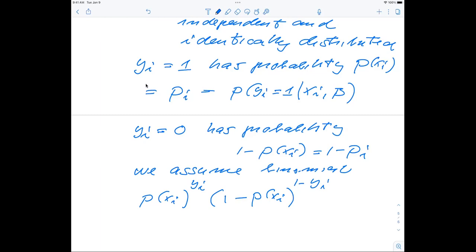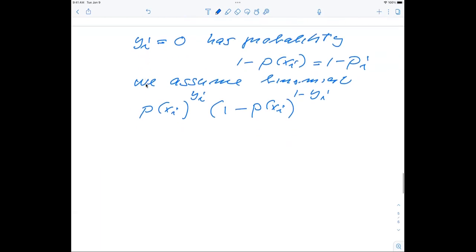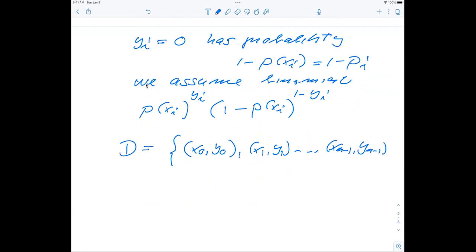So this is now the way we are going to model. And then we have the domain D, which consists of all our data. So we have x_0, y_0, x_1, y_1, etc., up to x_{n-1} and y_{n-1}. Remember that the x's can be an object which represents different features.